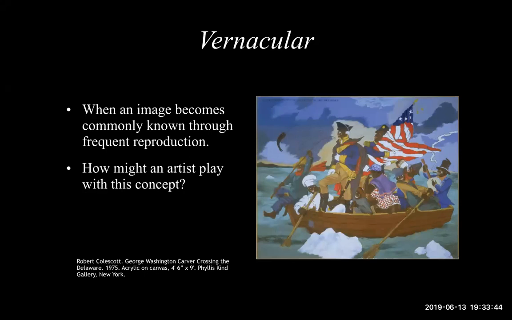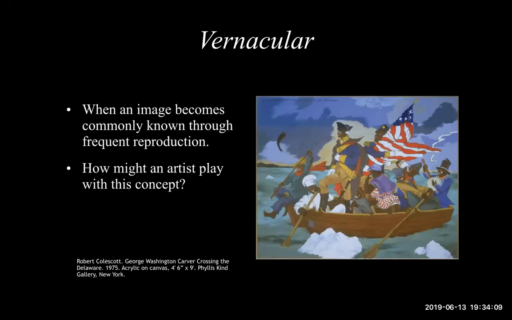So in a painting like Washington Crossing the Delaware, the image is almost as universally recognized as a religious icon. And there's a long tradition of artists paying homage to the masters, and we can understand how an artist might study Washington Crossing the Delaware in an attempt to learn techniques.